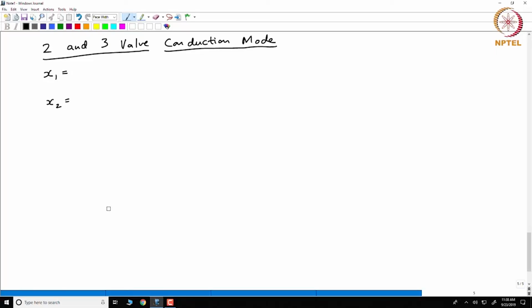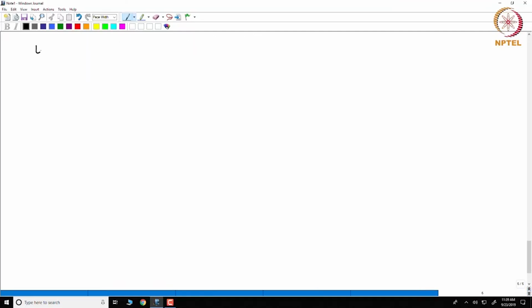One loop current is known, so there is only one element. So it is just one element. Then what about x2? Does not exist. Now we will introduce what is known as empty matrix.